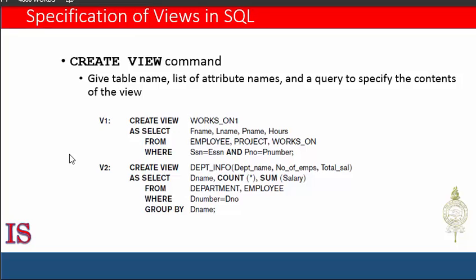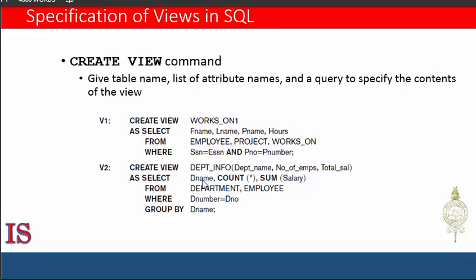CREATE VIEW, and listing a view name, DEPARTMENT_INFO. This time we are creating attribute names for this view because we're using a couple of derived functions, aggregate functions here. So we're saying CREATE VIEW DEPARTMENT_INFO, open paren, department name, comma, number of employees, comma, total sal, AS, and then we have our select statement.